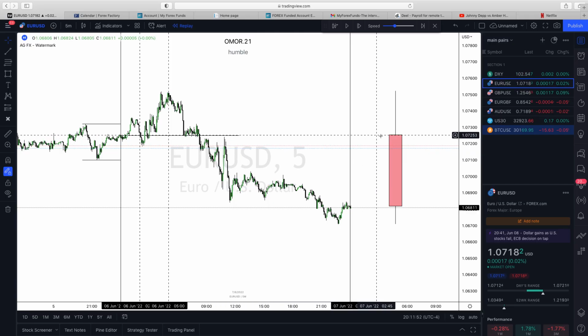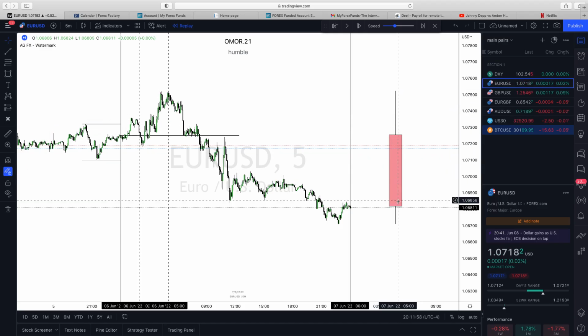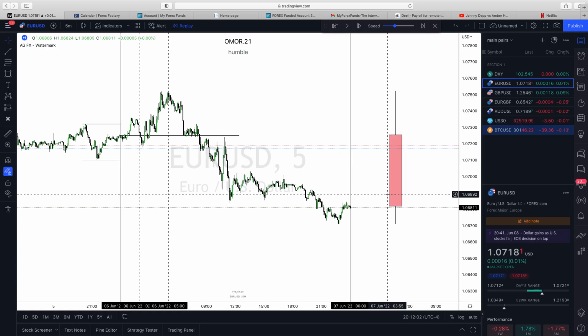Now, this is the anatomy for this day: look, the opening, the high, the low, and the close. The daily. And how was this daily candle formed? What do you see? The same phenomenon happening again.